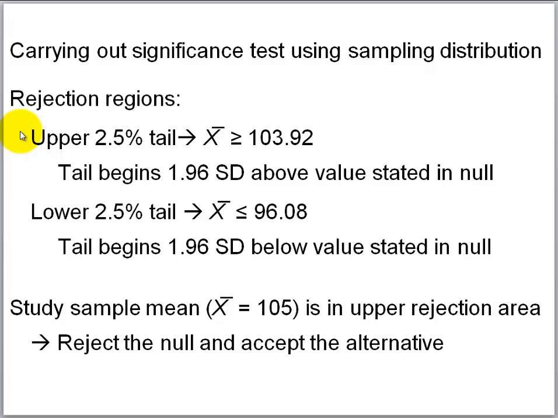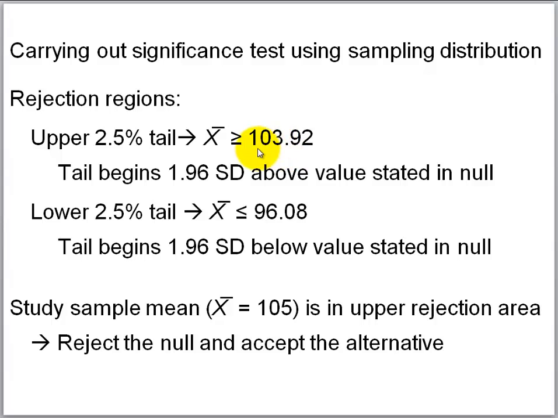So what we need to do to get to the upper 2.5% tail is to go up 1.96 standard deviations. And so you'd multiply the standard deviation of 2 times 1.96, and that would basically be telling us let's go up 3.92 points.